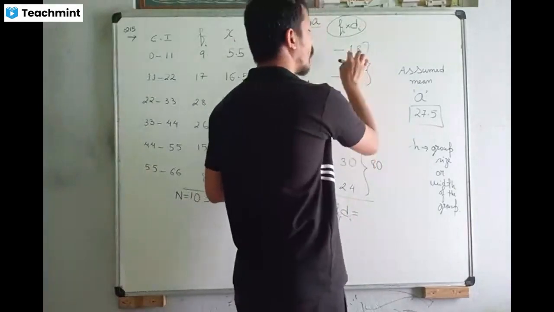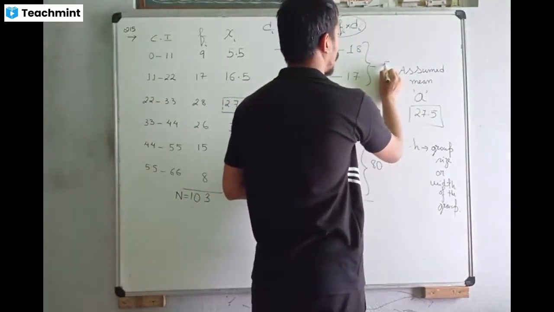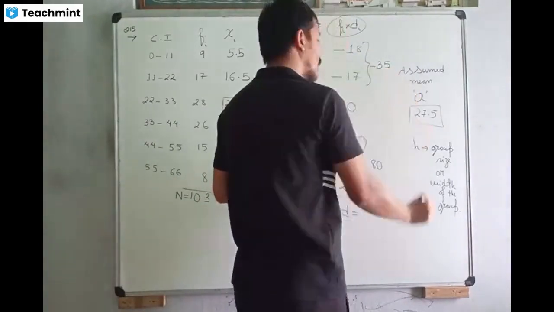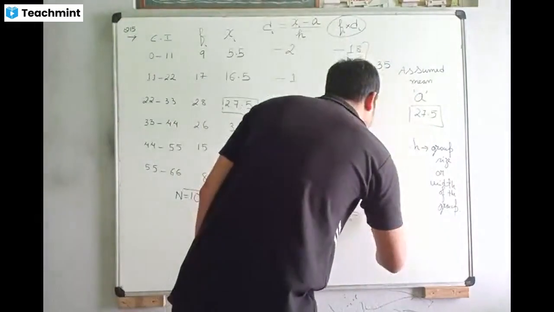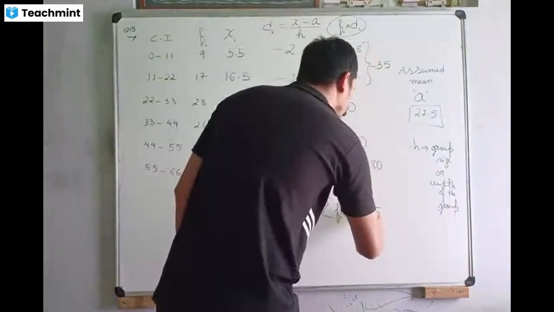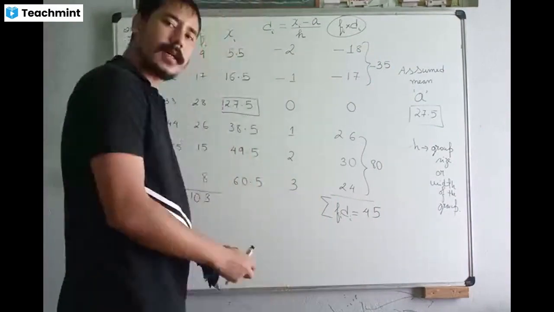These two values, minus 18 and minus 17, will give you minus 35. So 80 minus 35 will give you 45 as the result.